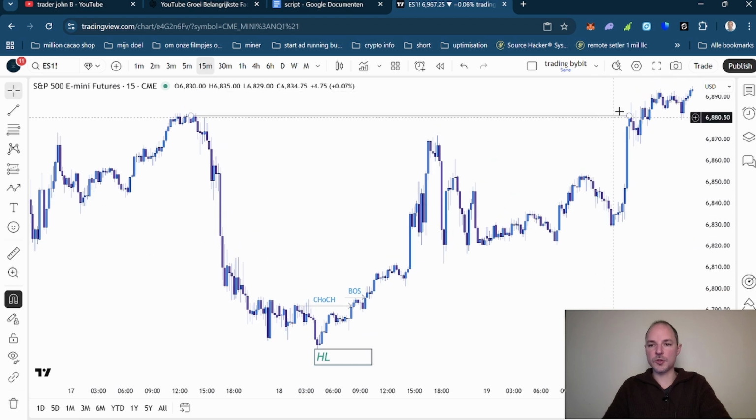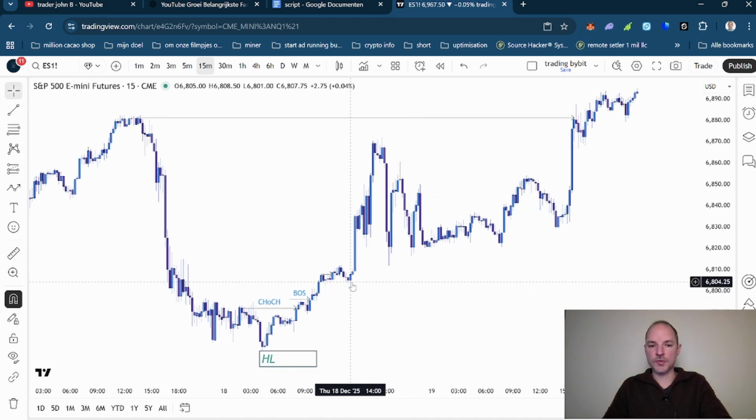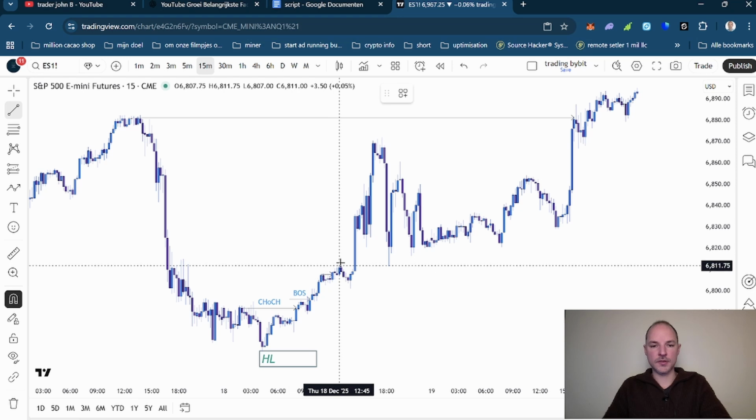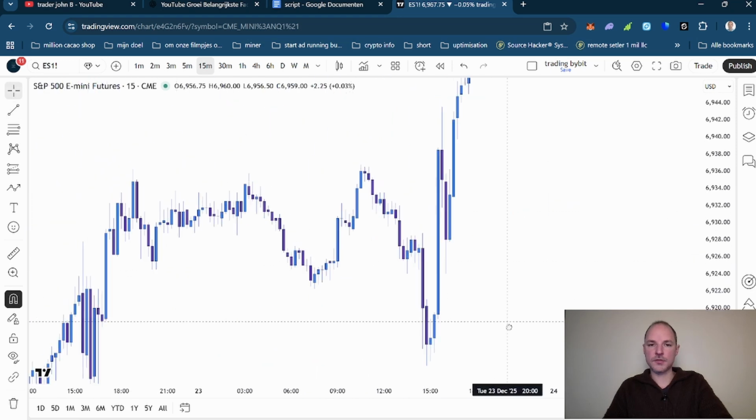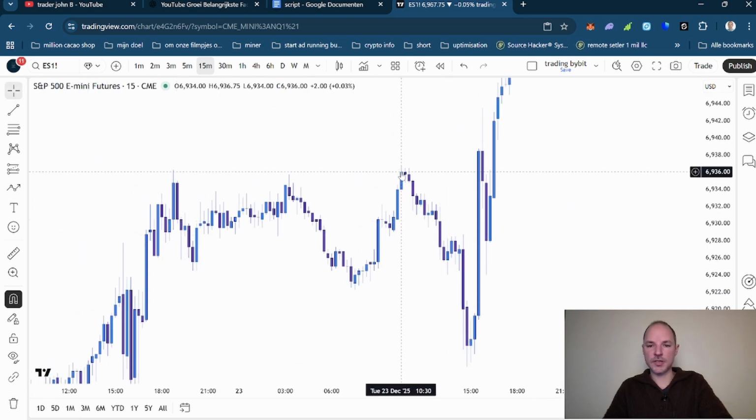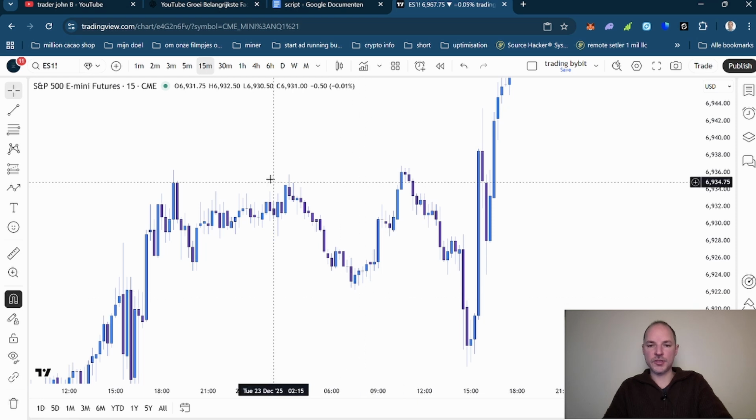As long as we don't hit that high, we are slowly creating new breaks of structure. So this is the break. Once we have a retest, we moved up. This is a break of structure too. Here we have a clear indication of a changing character.